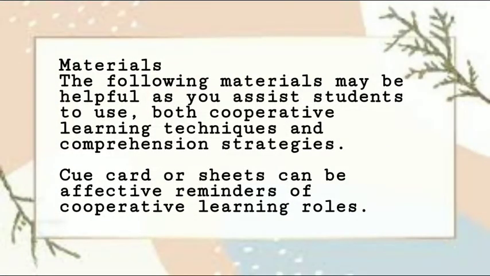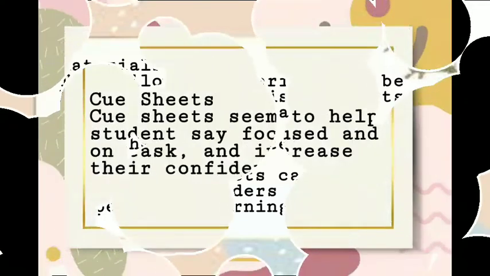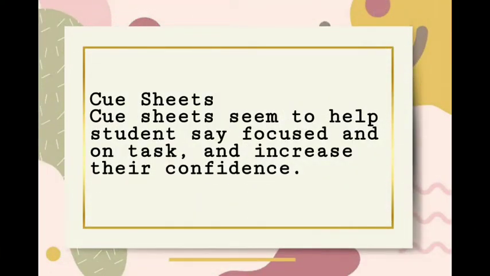Material. The following material may be helpful as you assist students to use both cooperative learning techniques and comprehension strategies. Example: a cue card can be an effective reminder of cooperative learning rules. It outlines the procedure to be followed in cooperative learning.